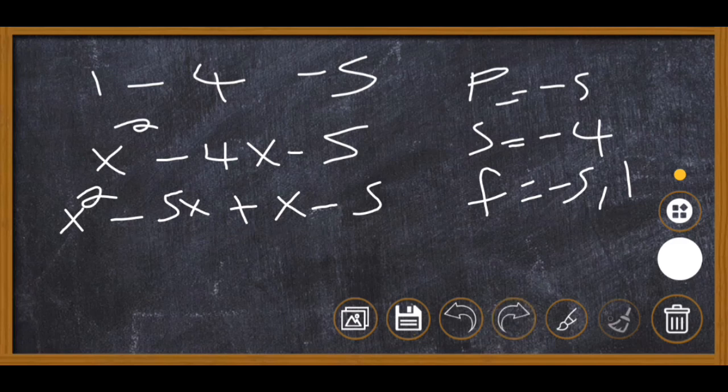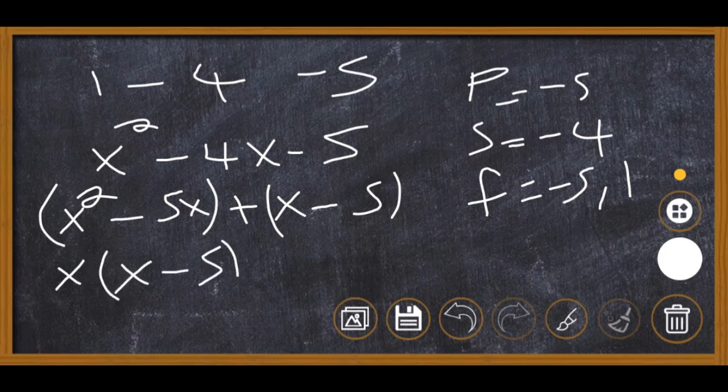I've just added the variable, because here we can't have 1x. That's why I've just written x. So here we know that what's common here and what's common here. So what's common here is x. And then inside there we are just remaining with x - 5. When we remove x from both sides here, this is what's going to remain.